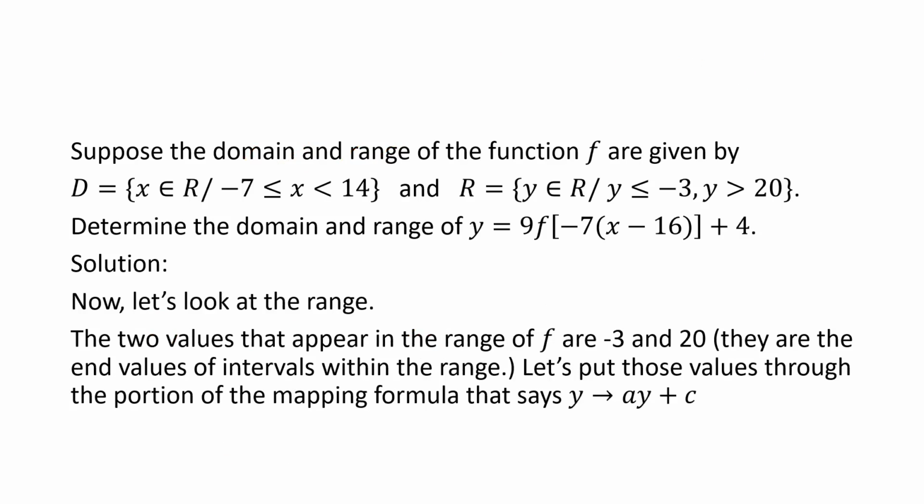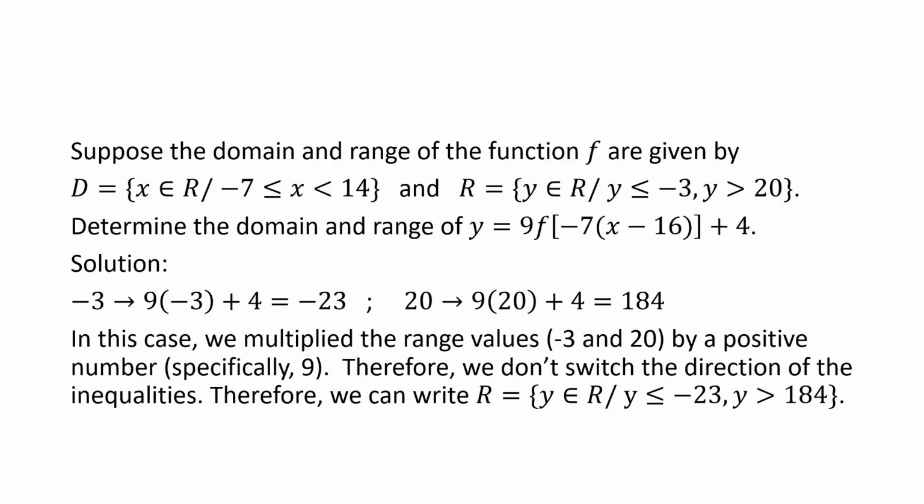And our range is relatively straightforward. We're going to take y values of -3 and 20 and put them through the mapping formula. -3 maps onto a times -3 plus c, which is -23, and 20 maps onto a times 20 plus c, which is 184.